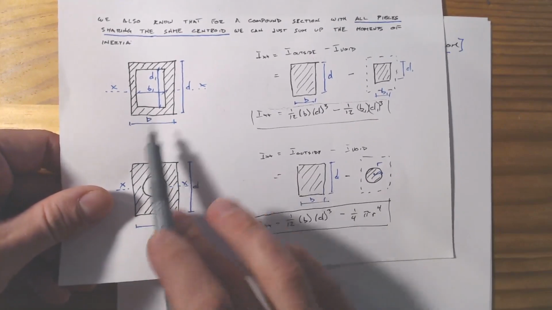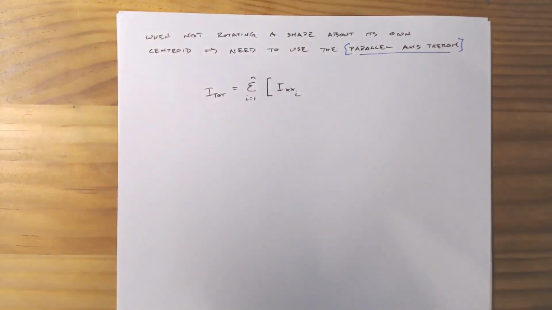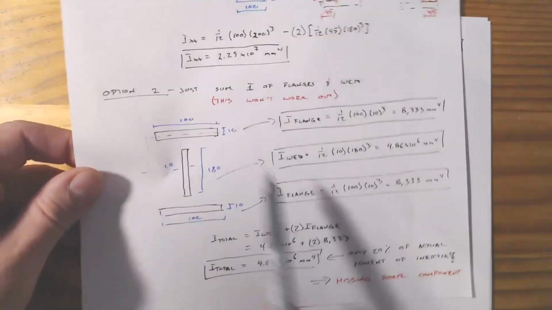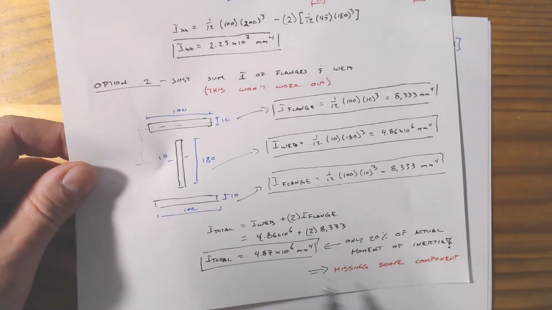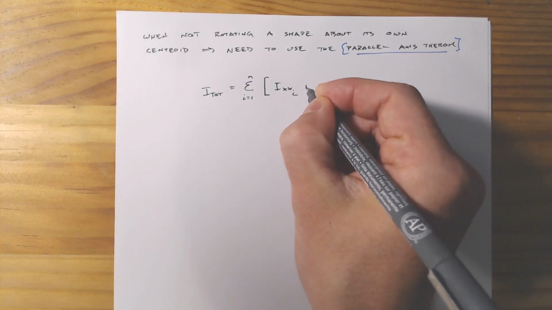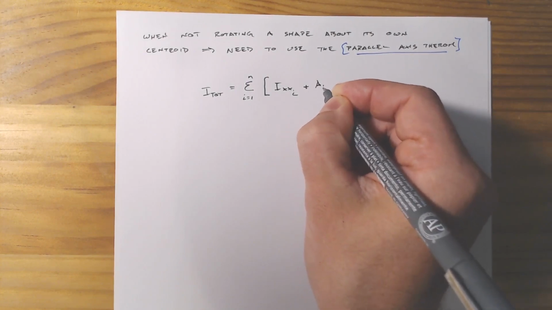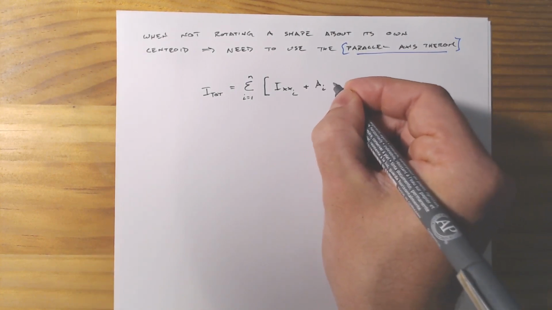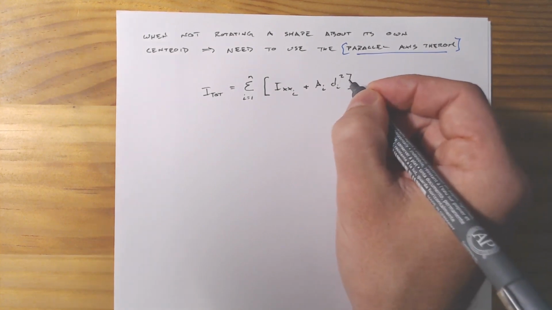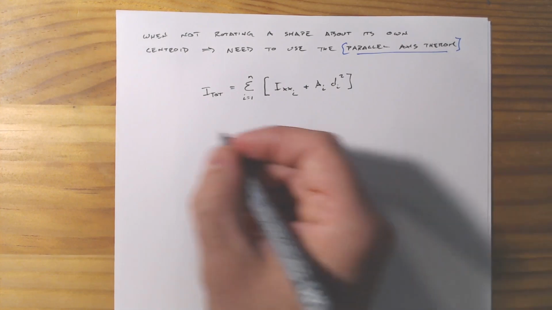We just simply summed up the moments of inertia of all the pieces. But as we saw in our I section example, if we just do that, we're missing potentially up to 80% of what the moment of inertia is. And so what's this other bit? Well, it is the area of each little piece multiplied by the square distance to the centroid.